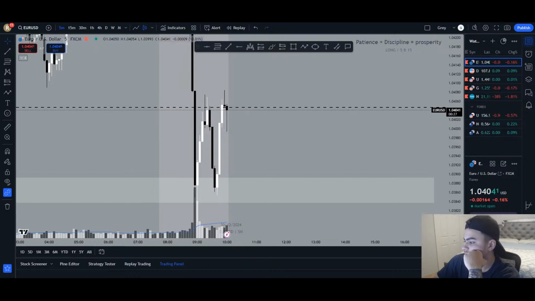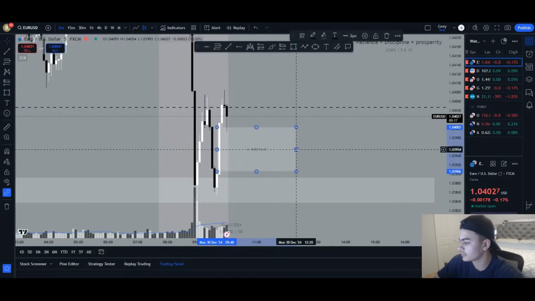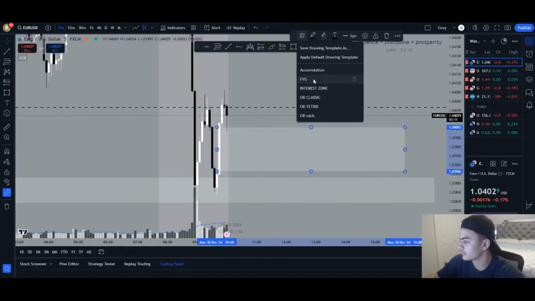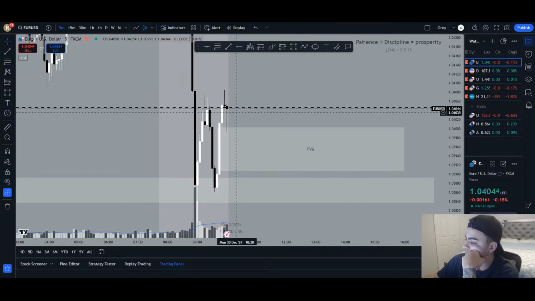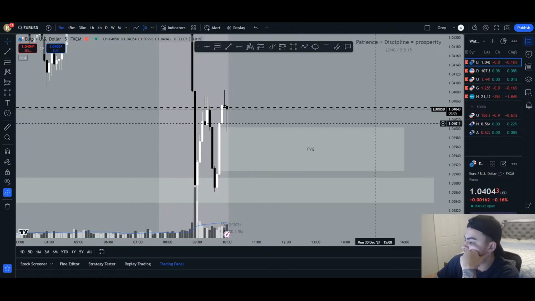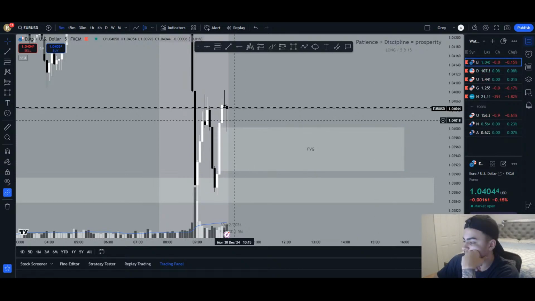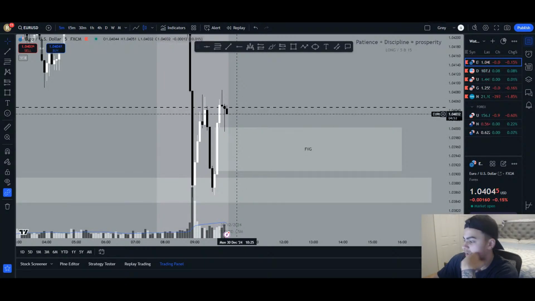No, that's just fair value gap right here. Look what it's doing. If it closes positive, or I mean, bullish, it'd be very good. Even though that's still really good too. Man, that closed beautifully. That closed beautifully.